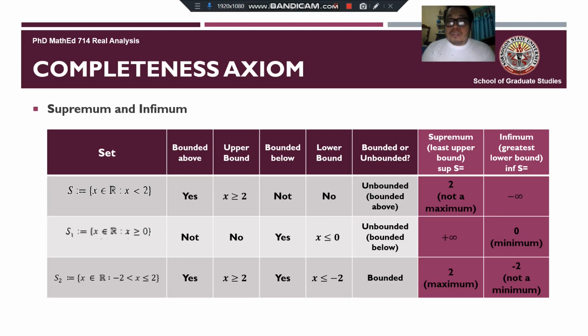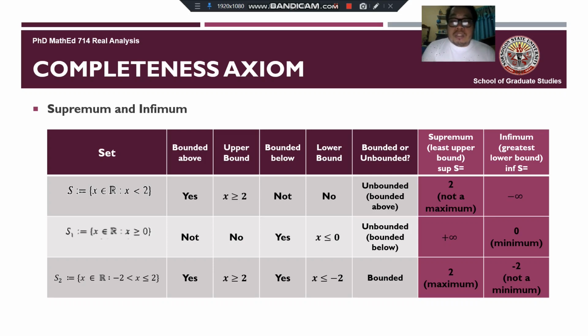A while ago, we identified that it is bounded above, so it contains a supremum. The least upper bound of such set is 2.